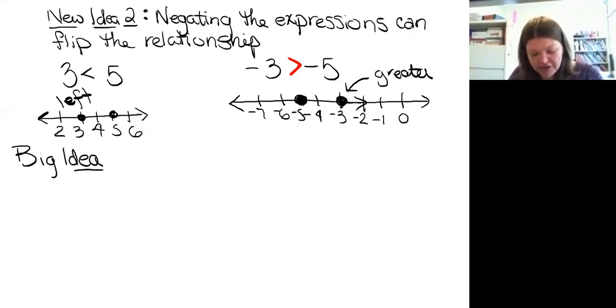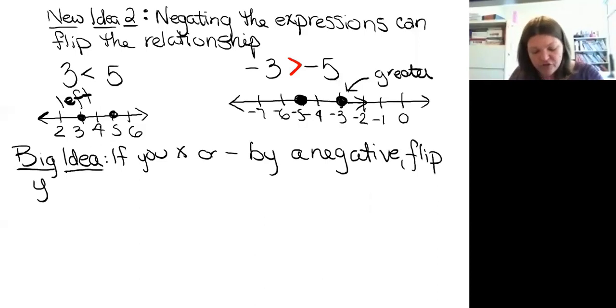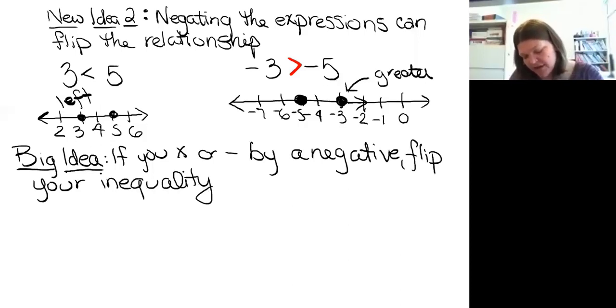The big idea here is if you multiply or divide by a negative, you have got to flip your inequality sign because you've just flipped the relationship because you just negated both sides. This never happens when you add or subtract, but it can happen when you multiply or divide by a negative.